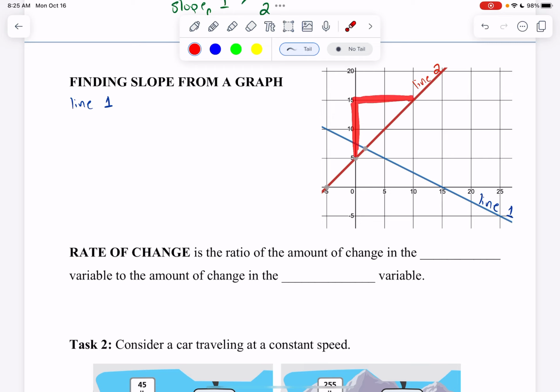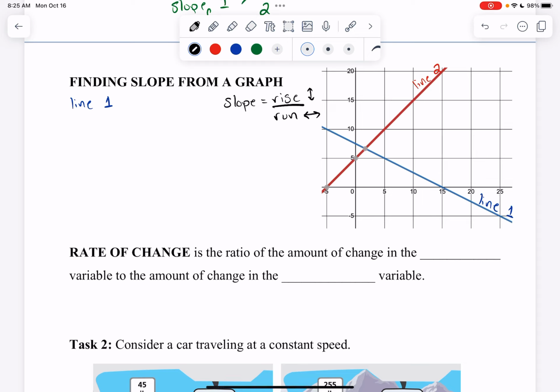Because if I can go up faster than I can over, that's going to be steeper than up a little bit and over a lot. Okay, so to determine slope from a graph, we take the ratio of the rise of the graph, how fast does it go up and down, over the run of the graph. How far does it go left and right?